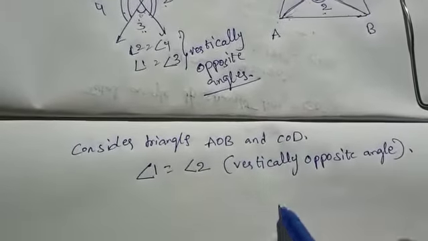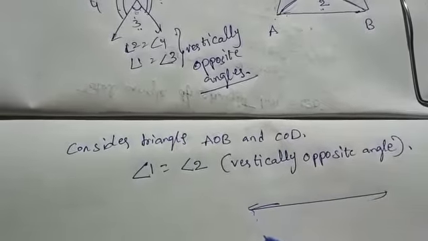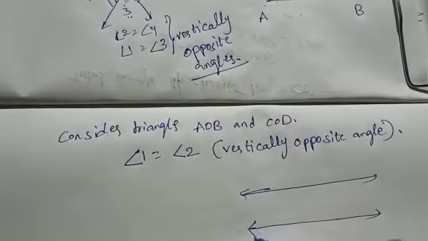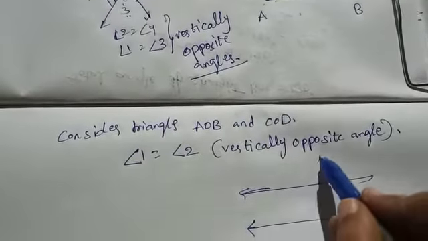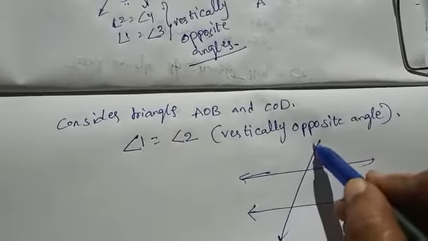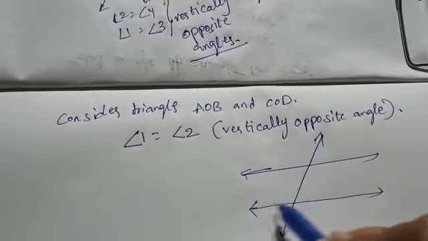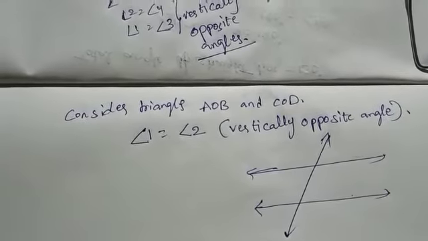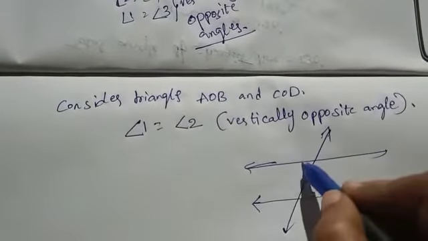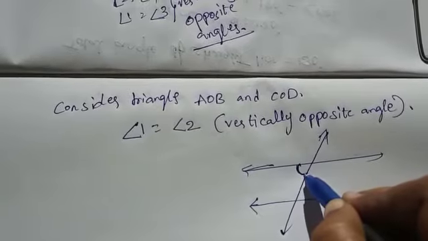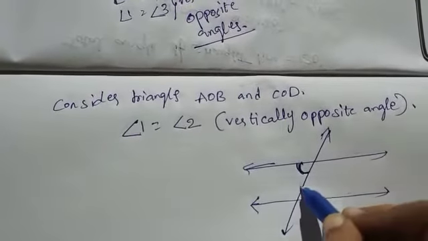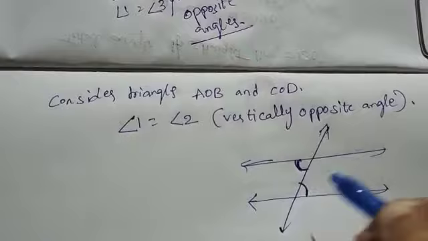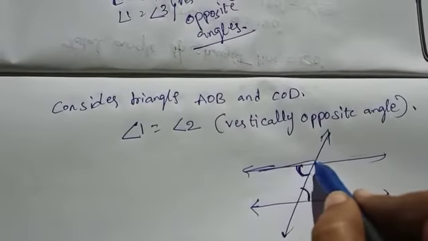We know a transversal cut by two parallel lines makes alternate interior angles equal. Here this angle equal to this. It forms a Z sign.